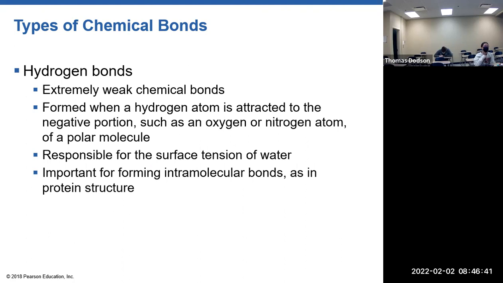That creates that polarity. It's the hydrogen bonds that want to hold those two water molecules together. So polar covalent bonds hold the hydrogen and oxygen together, but it's hydrogen bonds that hold those two water molecules together.